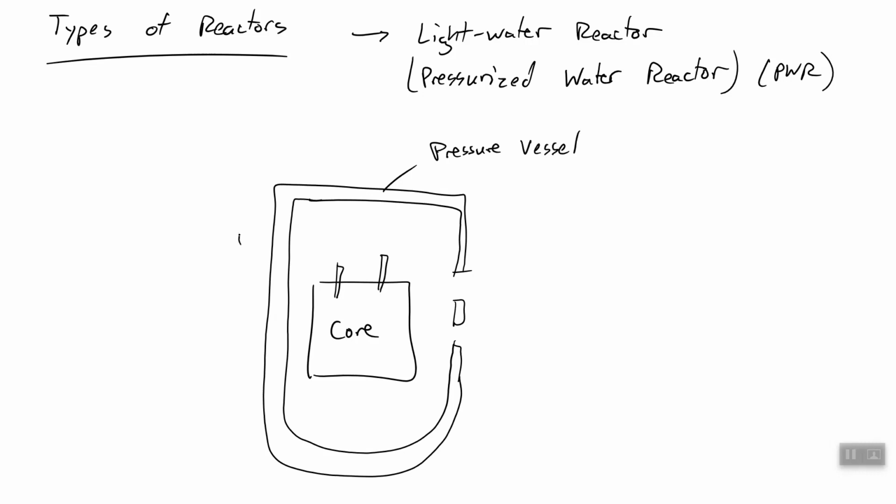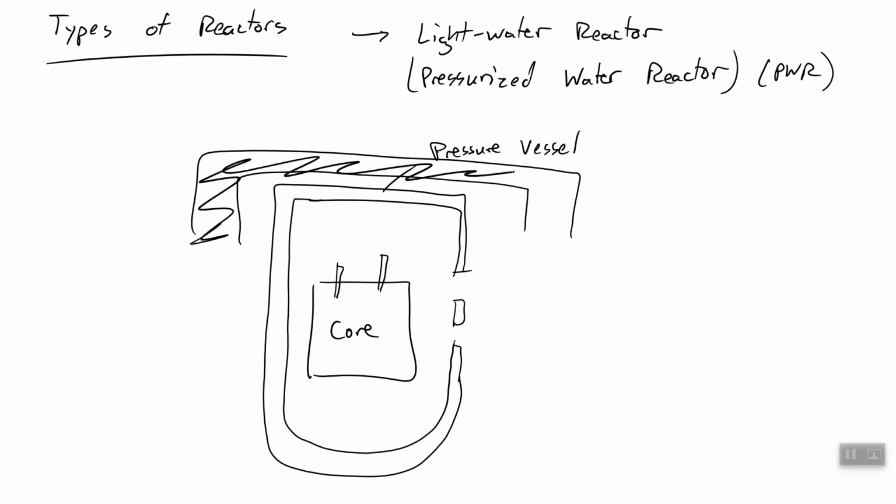And on top of the pressure vessel, we've built an extremely thick concrete slab. You won't believe how much concrete exists in a nuclear power plant. And this is just another layer of protection, shielding people from the core.